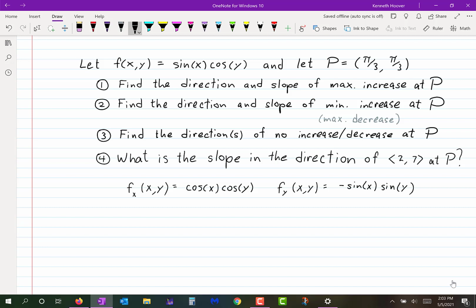So at the point where x is pi over 3 and y is pi over 3, what do we have for the partials at that point? For the partial with respect to x, we have 1/2 times 1/2, which is 1/4.